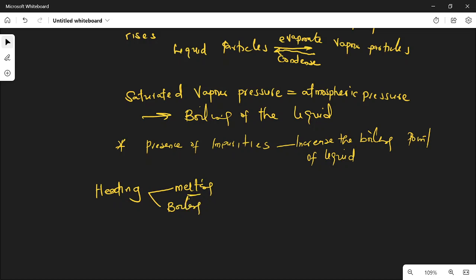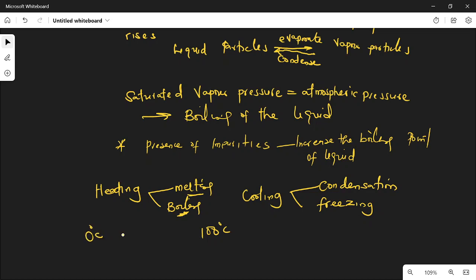So heating will cause melting and boiling, but cooling will cause condensation and freezing. Please take note. And that's the reason why the boiling point of water is 100 degrees Celsius, the freezing point of water is around 0 degrees Celsius, and the normal temperature of water is around 27 degrees Celsius or thereabout.